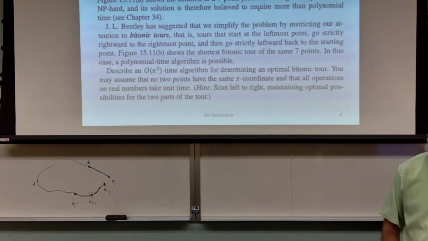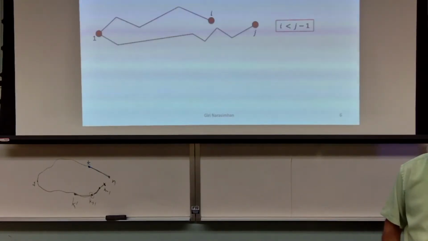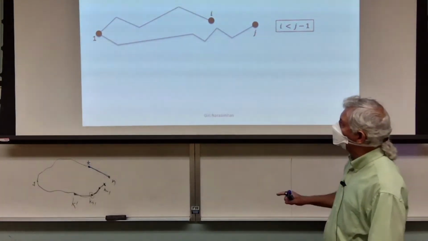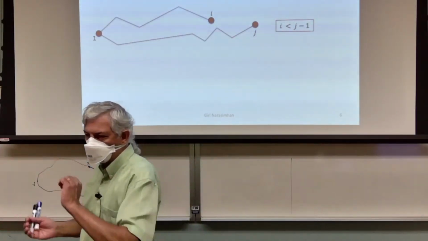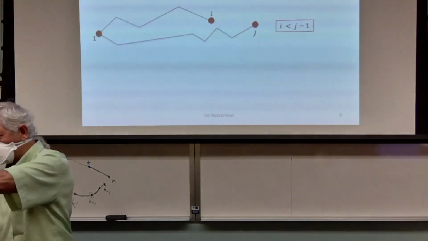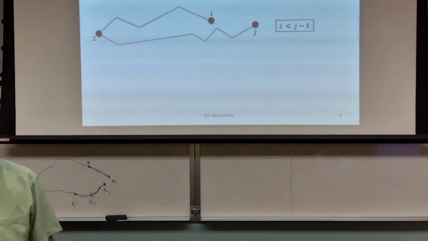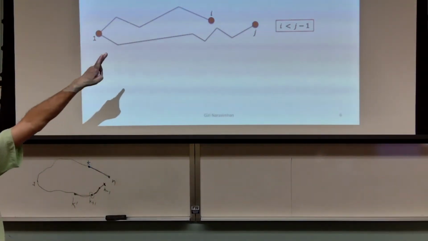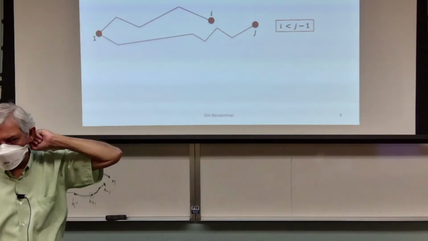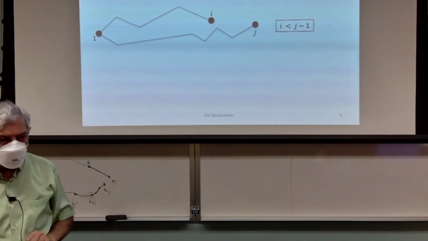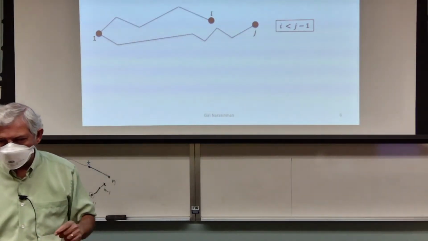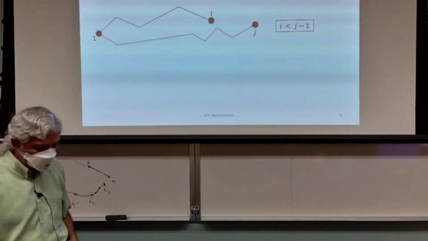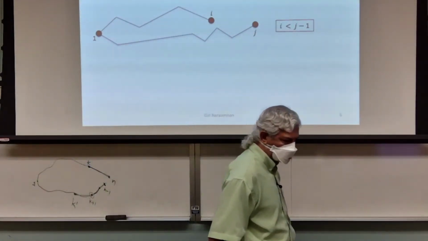And then we figured out that in order to do the recurrence, there are two cases. I'm going to set this up so that b of i, j is the optimal partial tour where one part goes up to i and the other part goes up to j. What we figured out was that if i is strictly less than j minus 1, then we know that j minus 1 must be connected to j. Otherwise, j will be connected to something different, which we have to figure out.